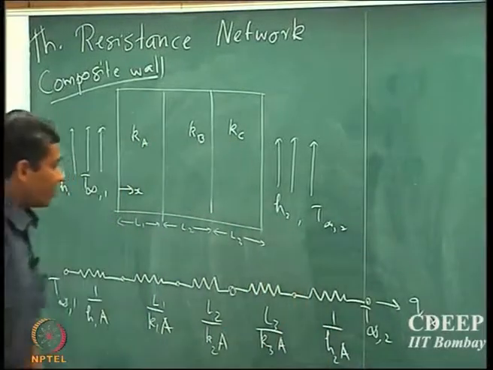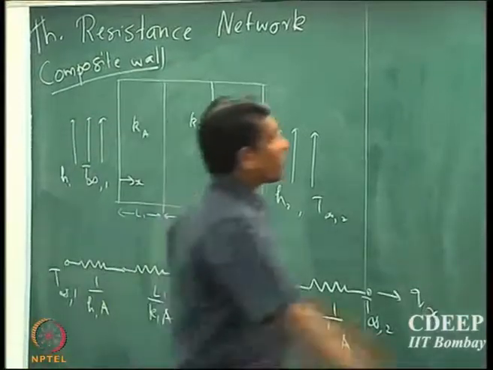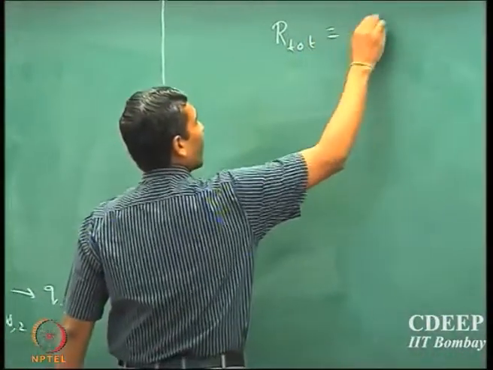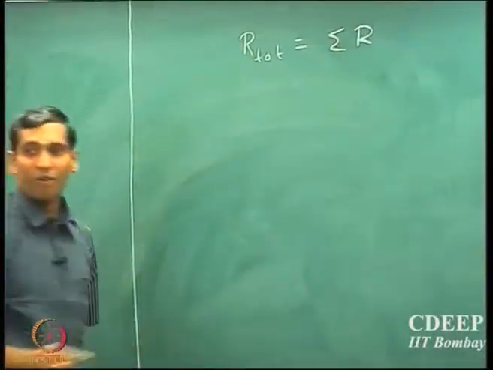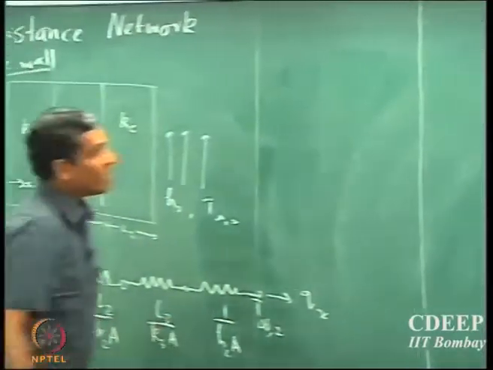Okay. So one could define, we know what is the total resistance. So the total resistance, R total, will simply be sum of all the individual resistances, which is essentially sum of these.